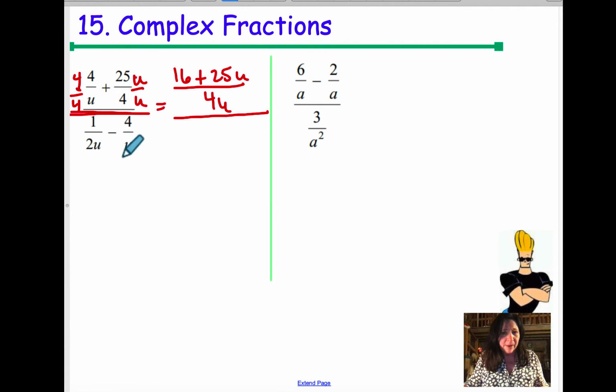So now I got to get those together. Both of them have a u, check, and only one of them has a 2, so that needs a 2. So I'm going to multiply this by 2 over 2. On the denominator's numerator, I'm going to have 1 minus 8, because that's 1 minus 4 times 2, over 2u.